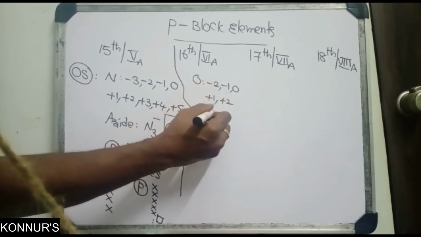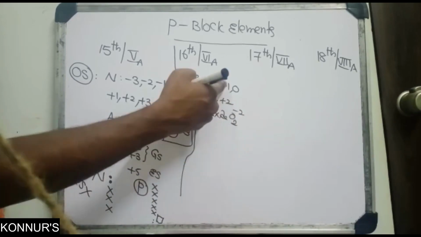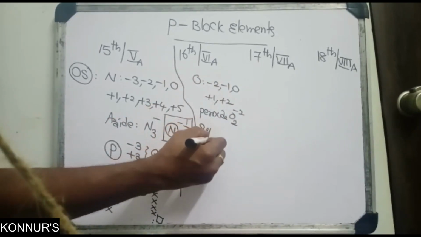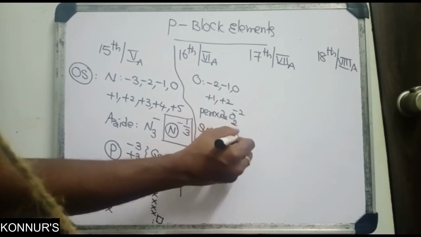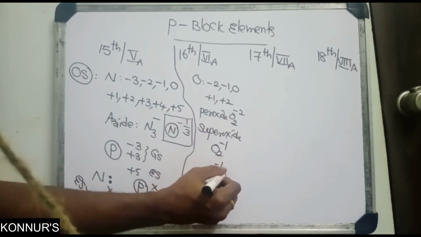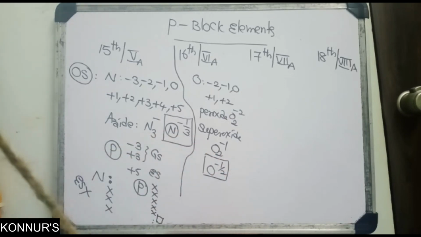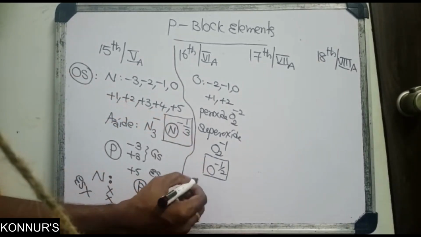Peroxide is O2 -2, so -1. Next, superoxide. Superoxide means O2 -1. Single oxygen is -1/2. So here nitrogen is showing fractional, and oxygen is also showing fractional oxidation state.